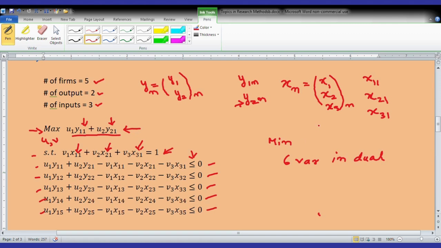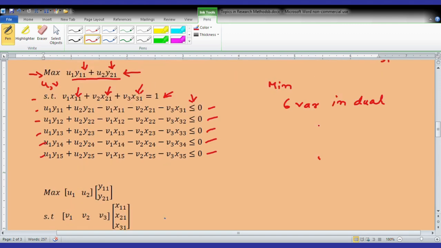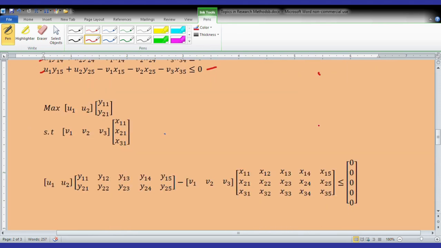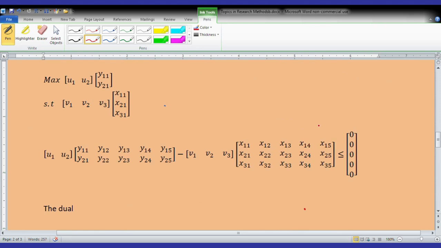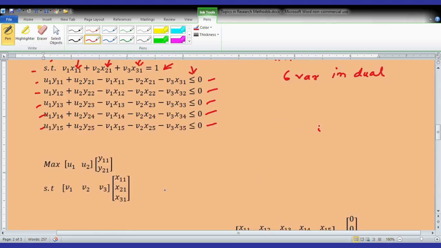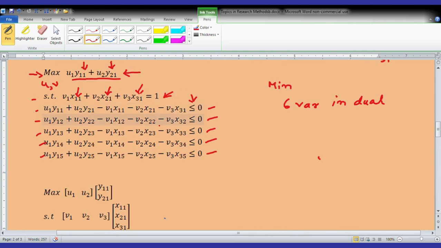Then we construct that table, but before that we look into this format, the way that I have transformed these equations into matrix form. Maximize this row vector multiplied by this column vector, and you will get this objective function.